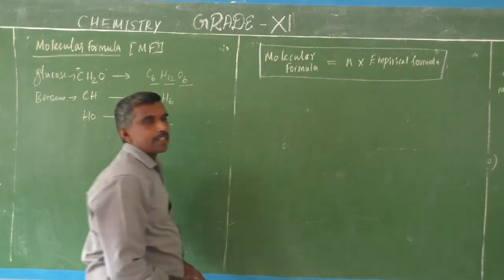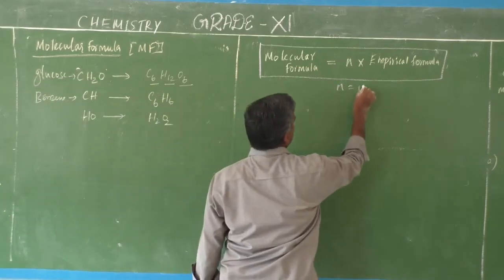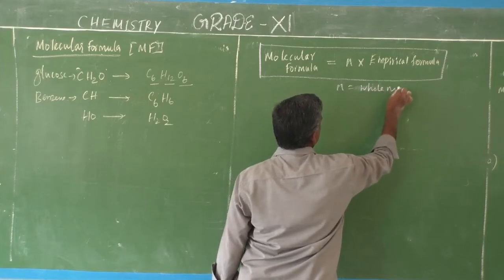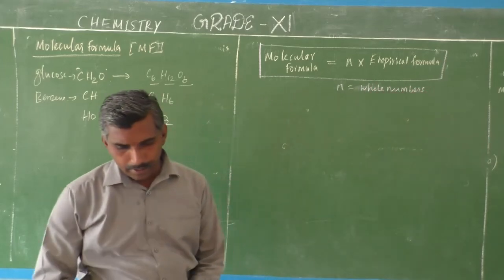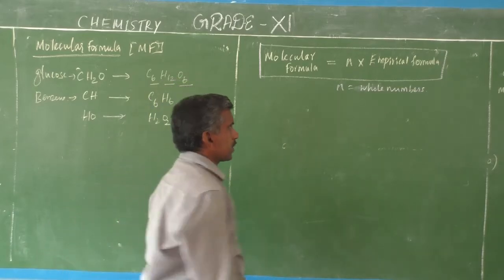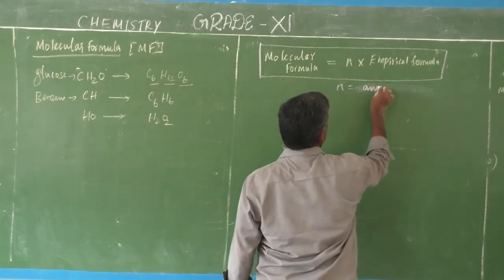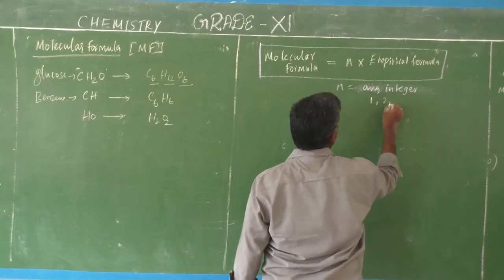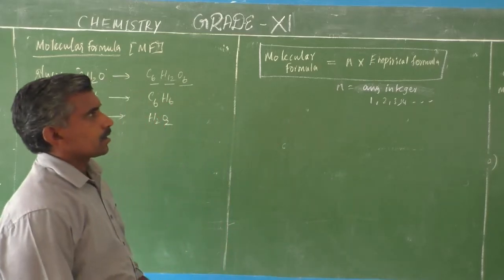Molecular formula is equal to n into empirical formula. You multiply the empirical formula by n. N is an integer, a whole number, not a fraction. That is, n equals 1, 2, 3, 4, etc.